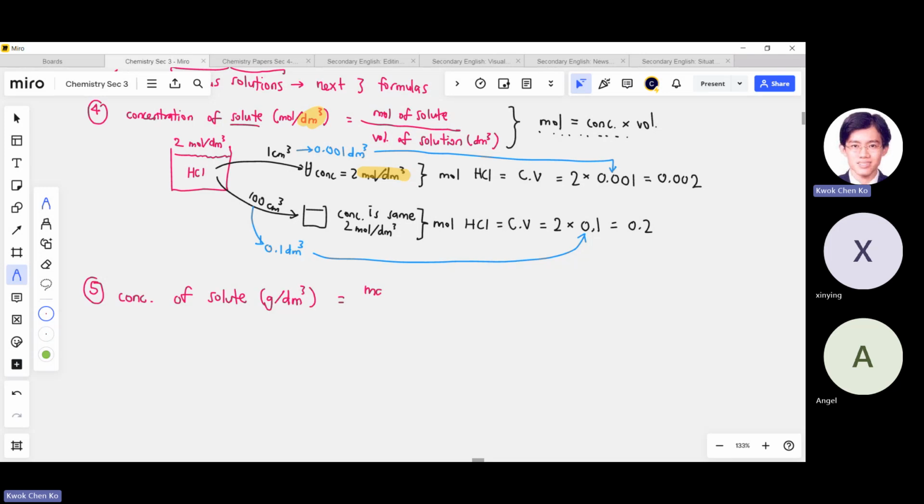So therefore, the formula is mass of solute, check your units, in grams, over volume of solution in dm cube.